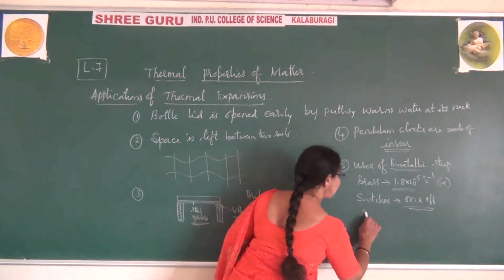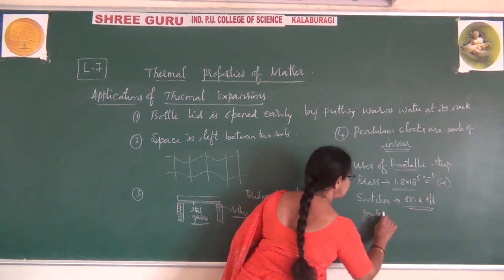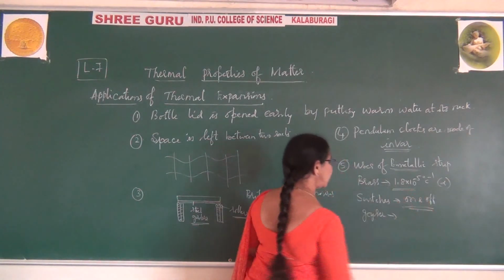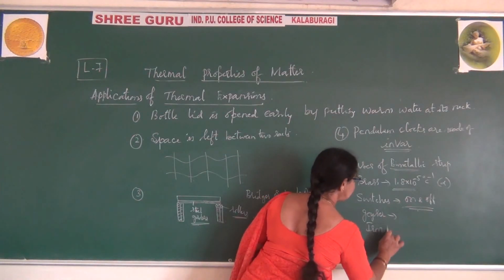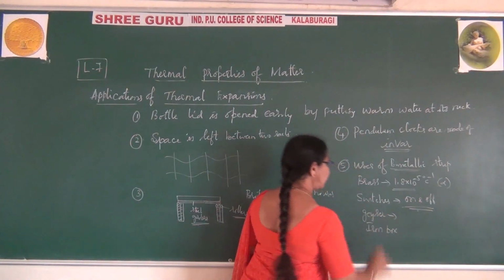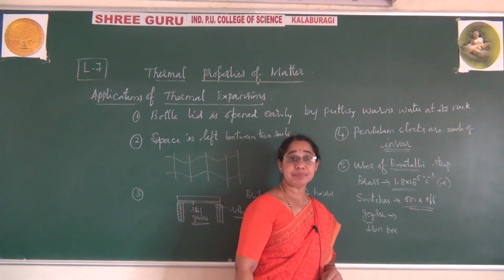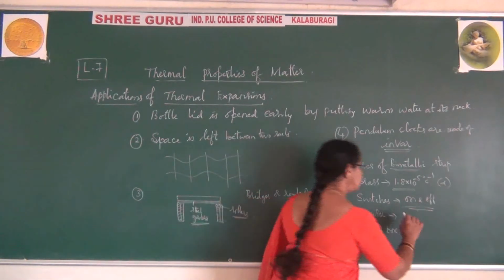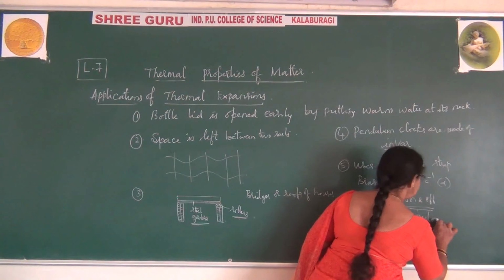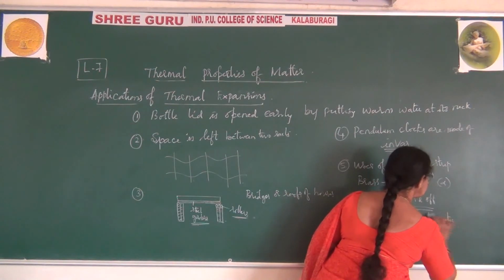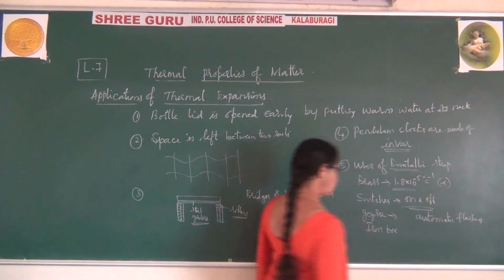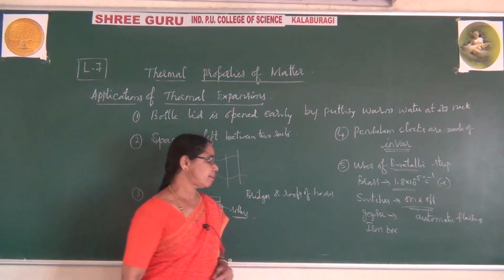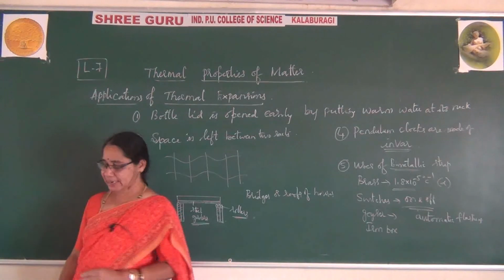In geysers we have heaters, where we can also use an on and off switch. One more, you can have an iron box, where you can use an on and off system, an automatic flashing system. Wherever you come across automatic flashing, at that time we prefer to use these bimetallic strips.